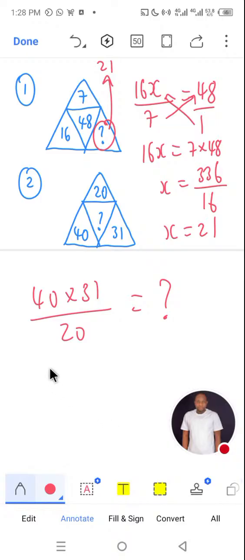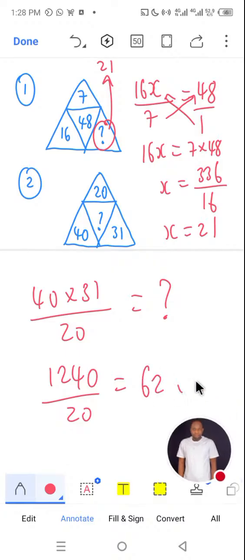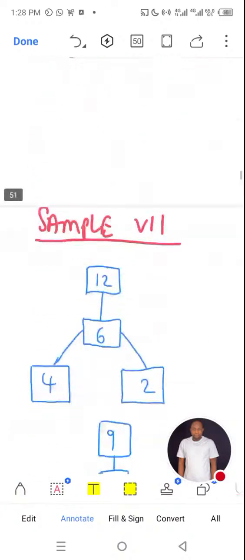That's 1,240 divided by 20. That's 62. Yes, you are correct, Katangunipa. The answer is 62. So the one at the middle is what? 62. I hope you all enjoyed this. I hope this was really fun for every one of us.